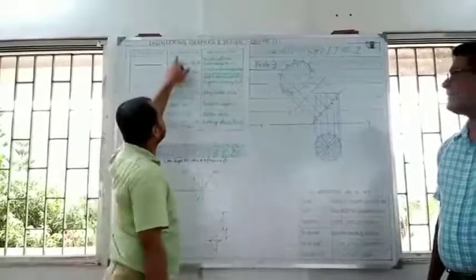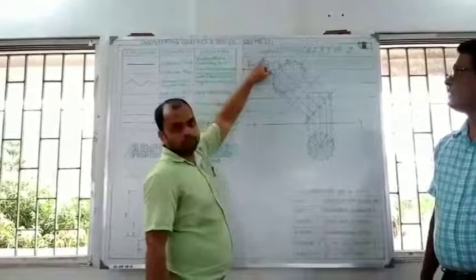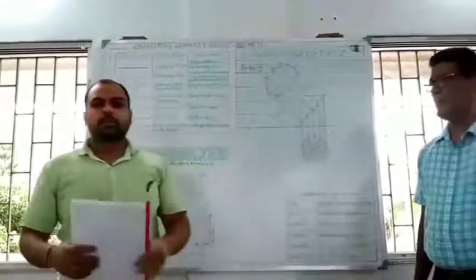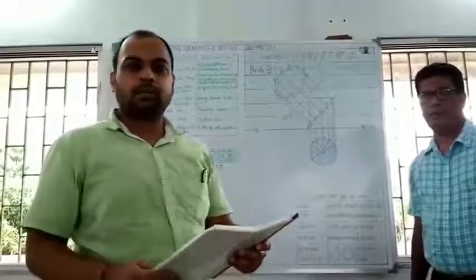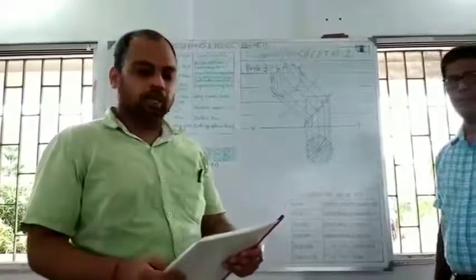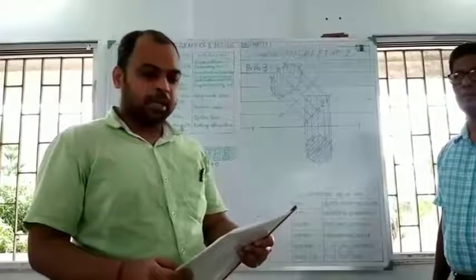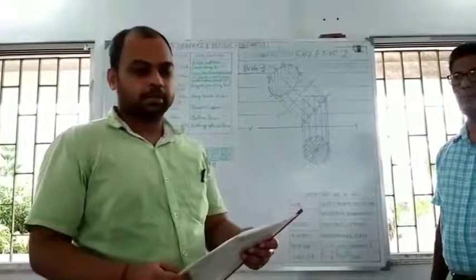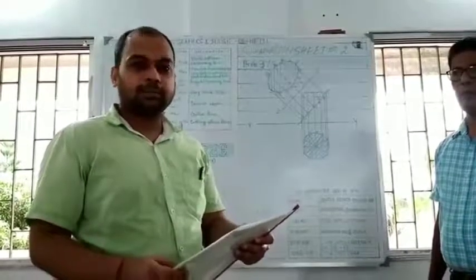You can see over here, this is engineering graphics and design, and the code is ES-ME191. I will give you a brief idea about the whole syllabus that we are going to cover in this semester. In the theoretical portion, we have introduction to lines, lettering, dimensioning, and scales. In the second module, geometrical construction and curves. Third module, projection of points, lines, and surfaces.